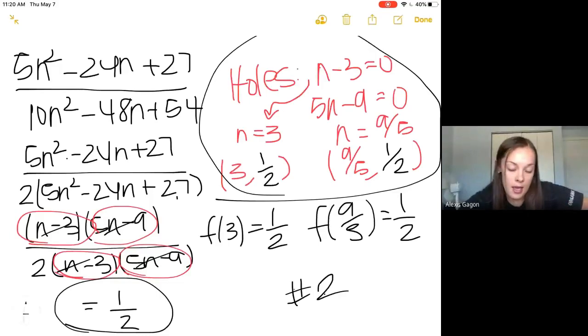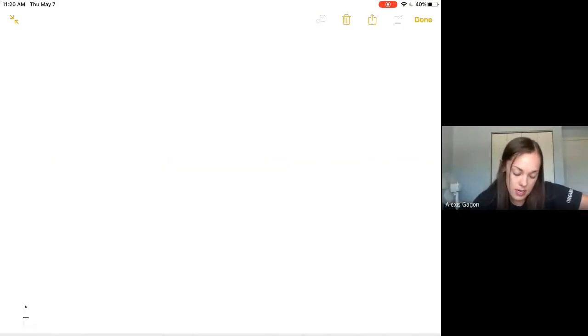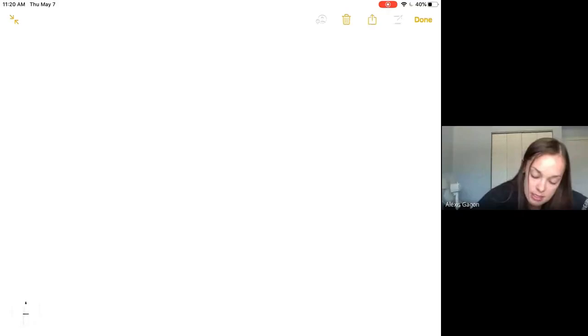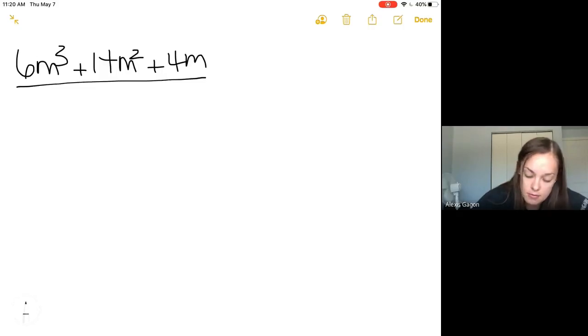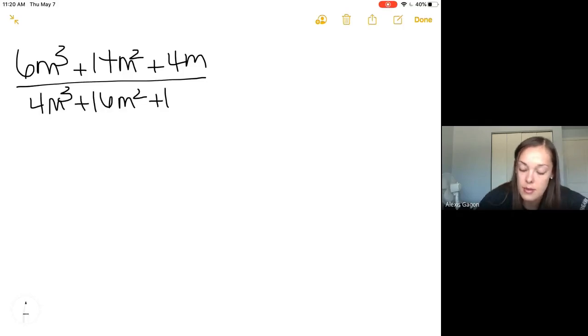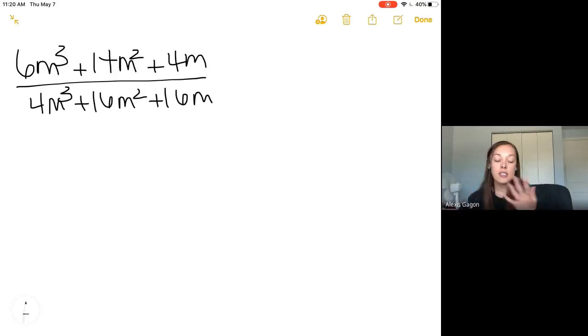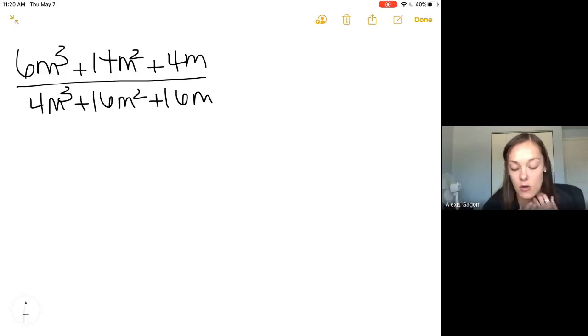Hopefully. Okay, so here we have (6m cubed plus 14m squared plus 4m) over (4m cubed plus 16m squared plus 16m). Okay, first thing we want to do is factor this. So in the top, I can take out a factor of 2m.